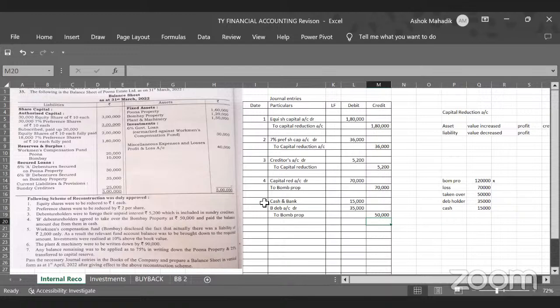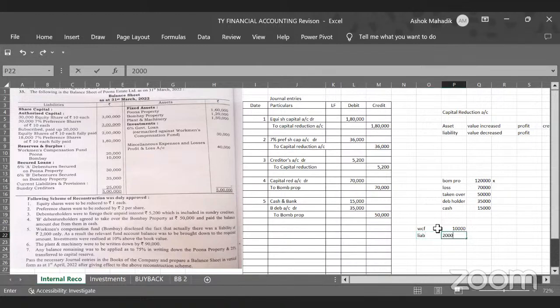Workmen's Compensation Fund, Bombay: it was disclosed that actually there was a liability of rupees 2,000 only. Now let us refer to the balance sheet. Workmen's Compensation Fund is 10,000 as given in the balance sheet. There is a liability of only 2,000.